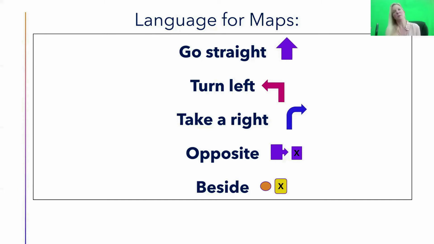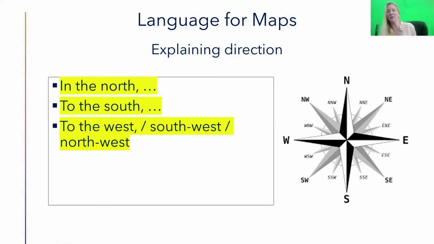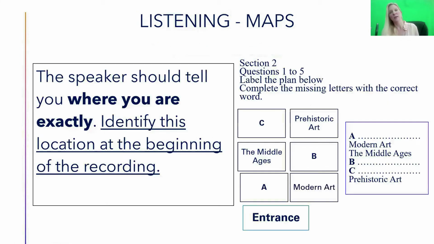So all of these prepositions of place and position are useful to remember. So language for direction often comes up in these types of questions. So it's good to know expressions like in the north or to the north, to the south, to the west, to the southwest, northeast, to the east, to the southeast. So these are expressions that often you may hear in a MAPS audio.